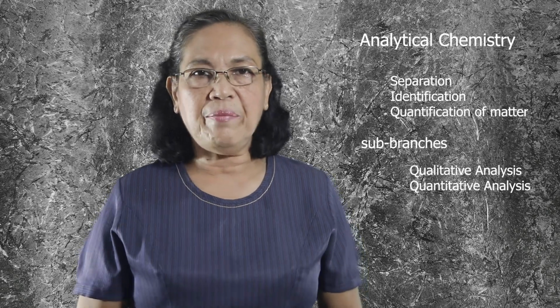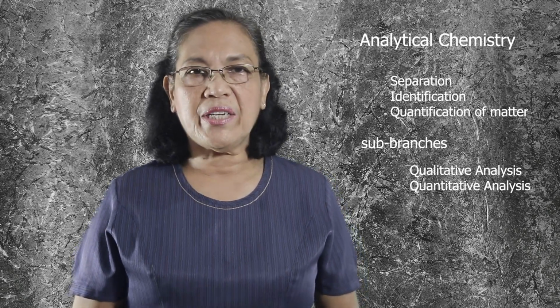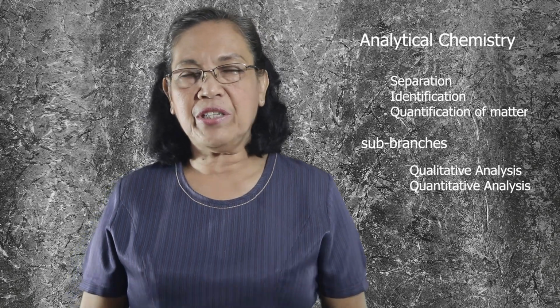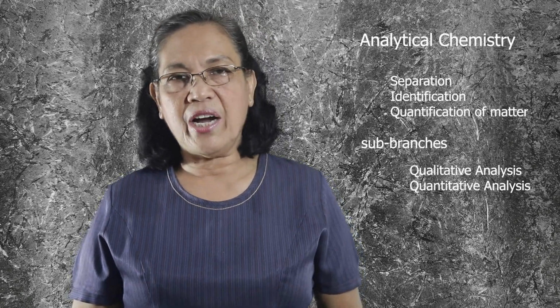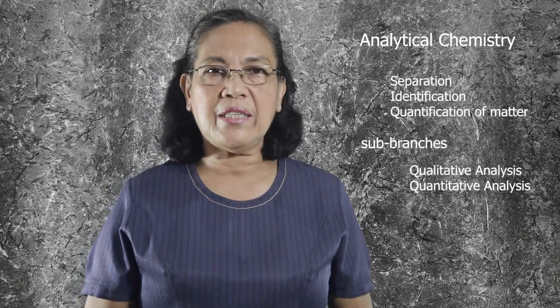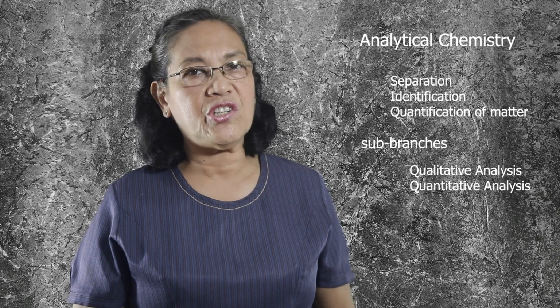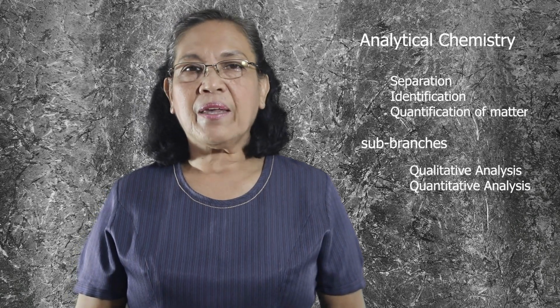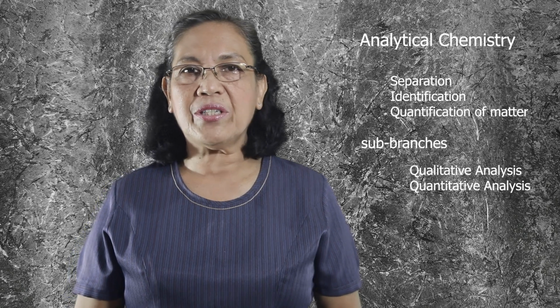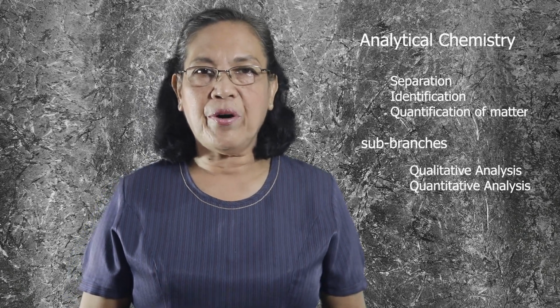Those elements with positive charges are called cations, and those with negative charges are anions. But of course, there are still radicals which are charged negatively. There is only one radical which is positively charged, and that is the ammonium ion.